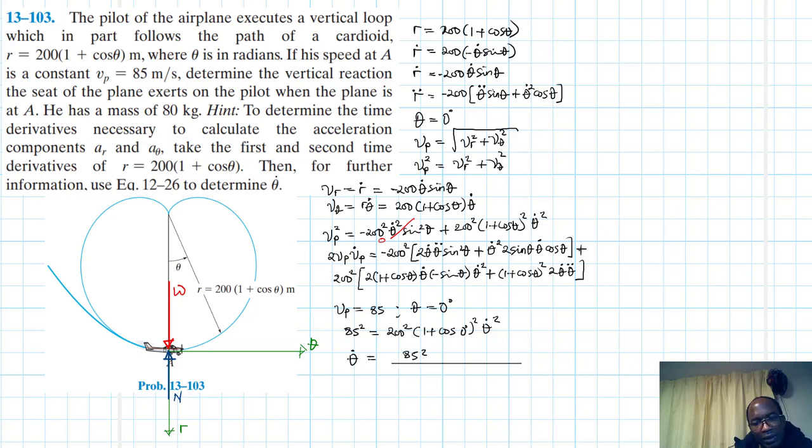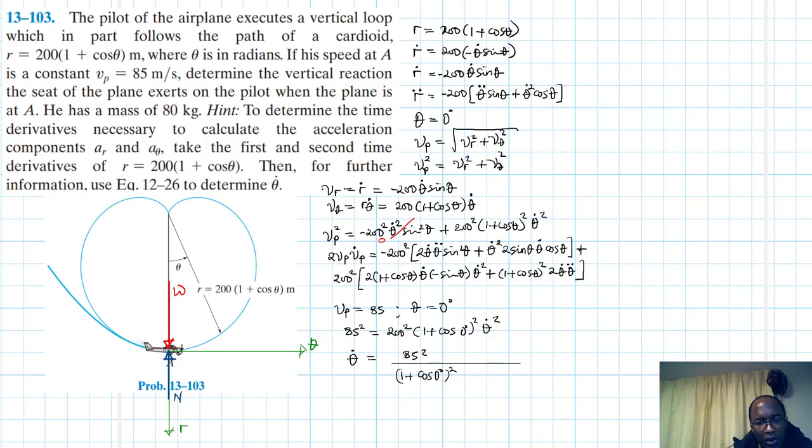divided by 1 plus cos 0 degrees squared, then everything under the root.